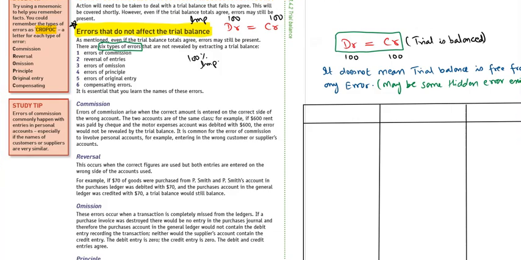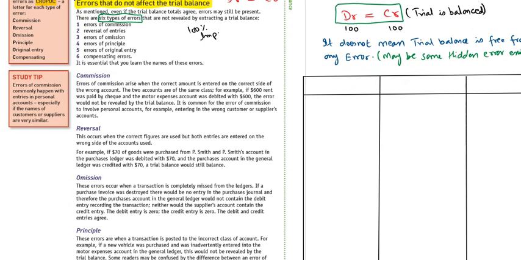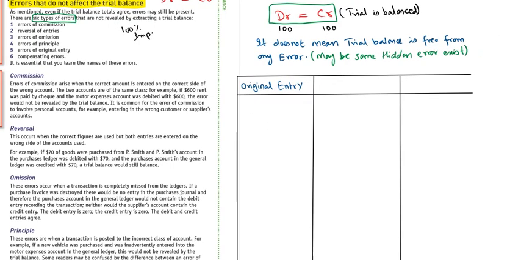Okay, we have to prepare three columns. In the first column, we will write the original entry, the original genuine entry. Here is the wrong entry, which we wrongly record. And in the third column, we will rectify our wrong entry.